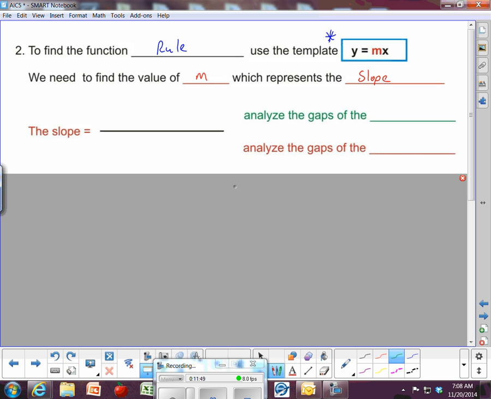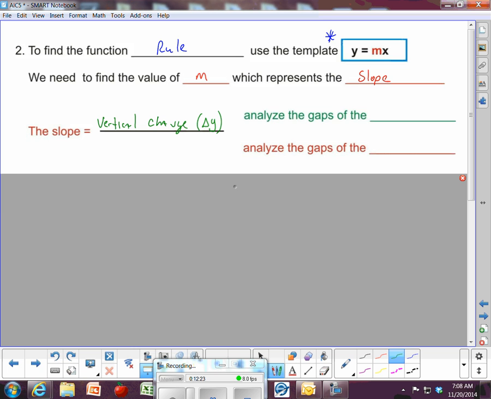The slope is the vertical change. So what's the top of the slope? The vertical change. Which one's the vertical, the x or the y? And hopefully you're thinking the y. So this is the change in y, the vertical change. In math talk, that would be a triangle y, and the triangle is delta, or change in. Delta y means change in y.